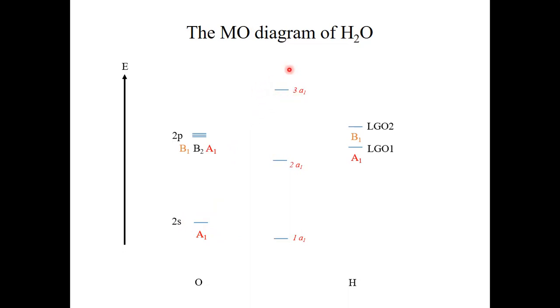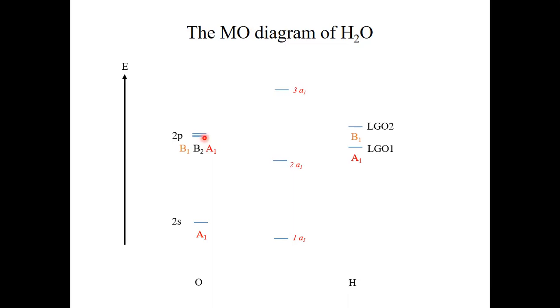Then you know that you will also have an antibonding molecular orbital, and this antibonding molecular orbital should be energetically higher than the highest energy orbital from which it has been constructed. Okay, so in this case, this would be this one here. So this is energetically slightly higher than that one, although they are almost the same.